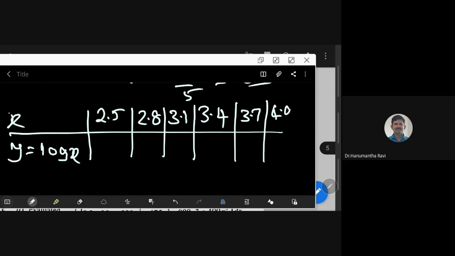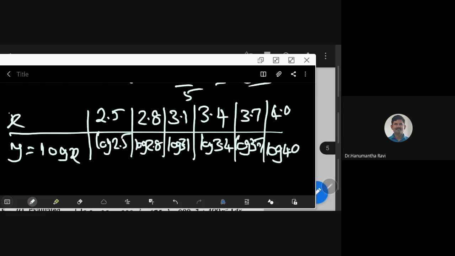So you have log 2.5, log 2.8, log 3.1, log 3.4, log 3.7, log 4.0.